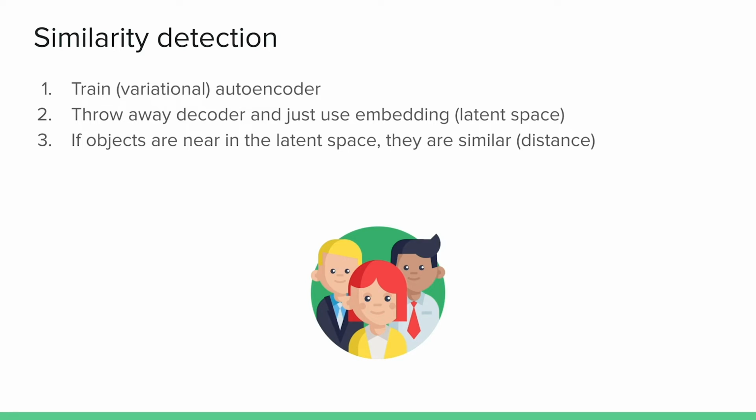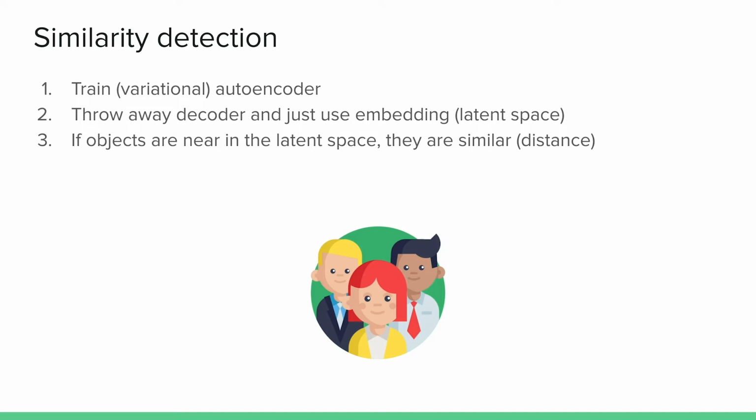You can do similarity detection with autoencoders, where you just train an autoencoder, as we've seen before, and then we just throw away the decoder. We don't need that anymore. We just need the embedding, the latent space that it learned. In our latent space, we extract some features.